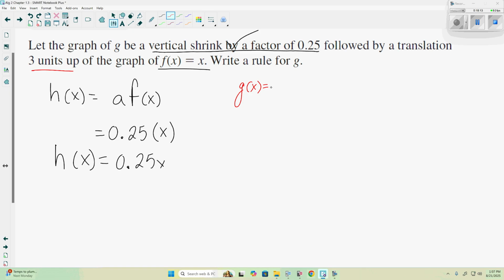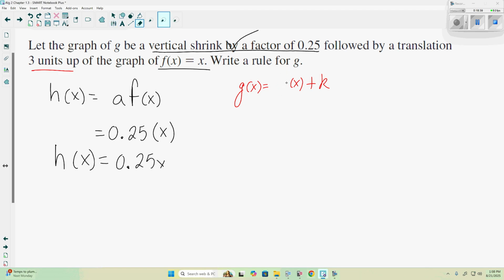Now, the general form of this, before you write what I'm about to write, we would say that it's f of x plus k, yes? Are we applying this vertical translation to f of x? No, we're applying it to what? h of x. Again, I said f of x is just a way for us to name the function, tell us which one we're applying it to.